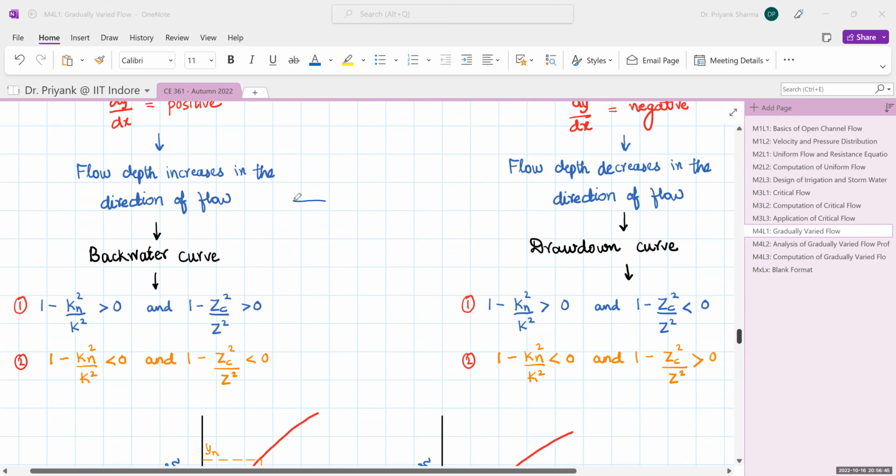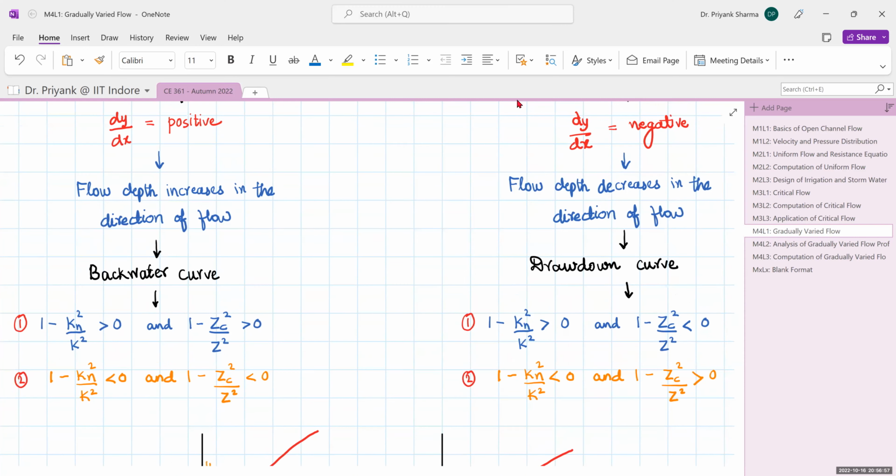We are considering this x direction. So dy by dx positive means the flow depth increases in the direction of flow, and dy by dx negative means the flow depth decreases in the direction of flow. It will be something like this. When dy by dx is positive, it is called a backwater curve, and when dy by dx is negative, it is called a drawdown curve. When we are drawing down something, it is likely to fall.